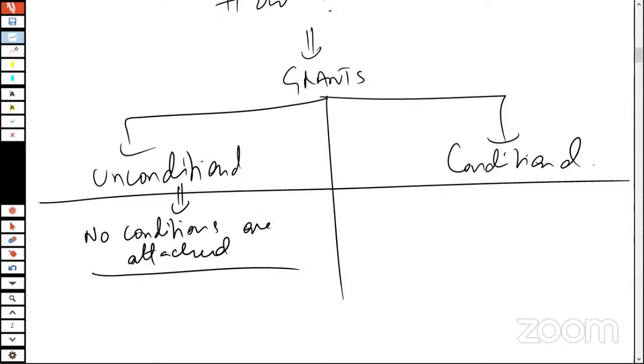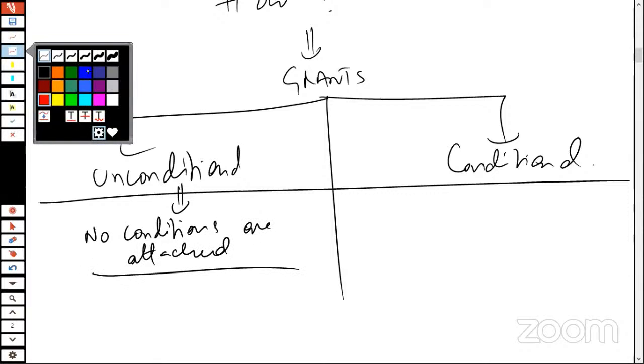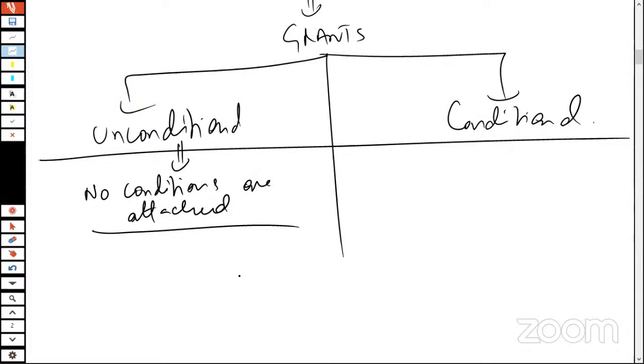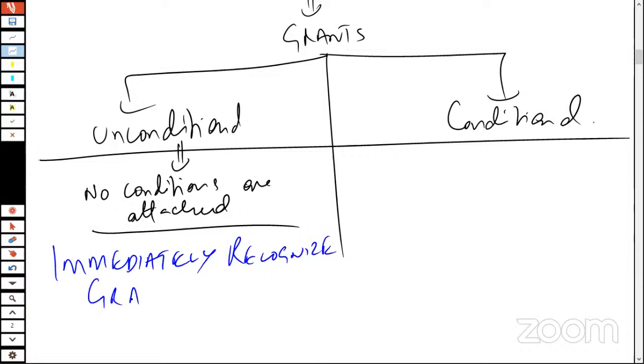So if you have got grants which are unconditional, you would immediately recognize the grant as income. Why? Because there are no conditions attached to it.